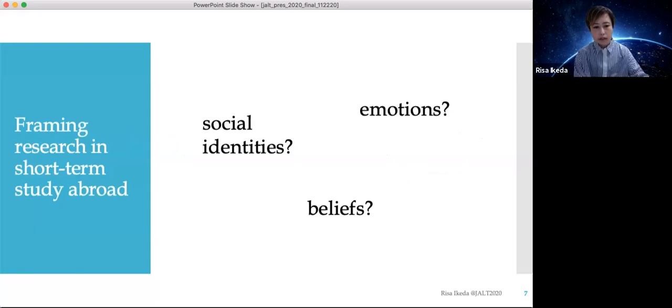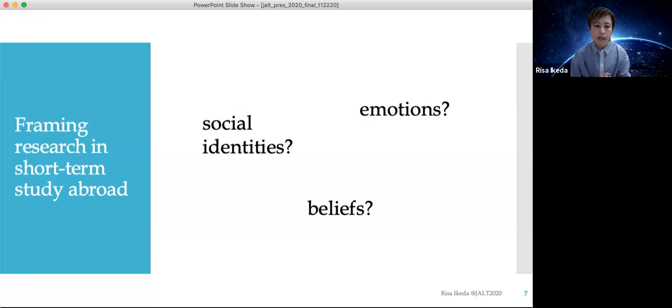I've been going back and forth between different concepts and different fields when researching short-term study abroad. Based on my own background, going to graduate school in the US and feeling that it's important to listen to stories about people's lives and experiences, I tend to veer toward the qualitative sphere.